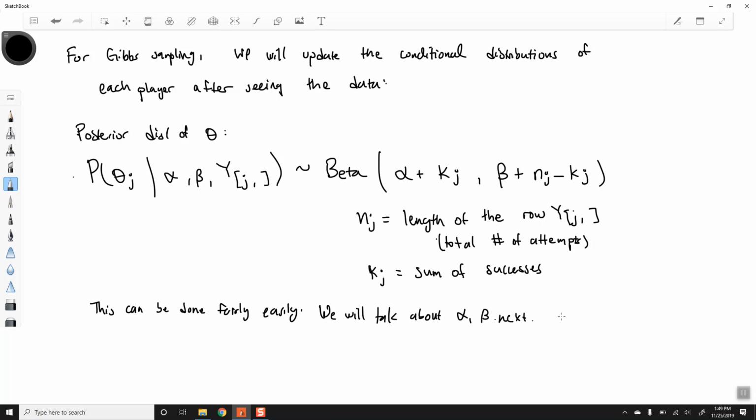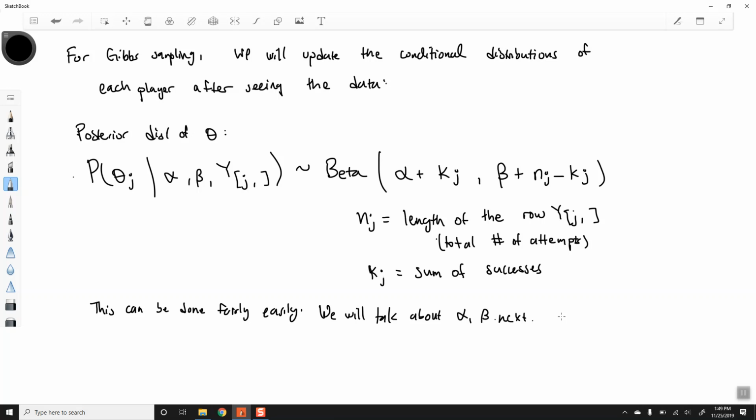By drawing it many times, you can then average those to get an expected value for that player's theta. So to estimate the player's batting average, you would draw many draws of theta for that player and average them all together.